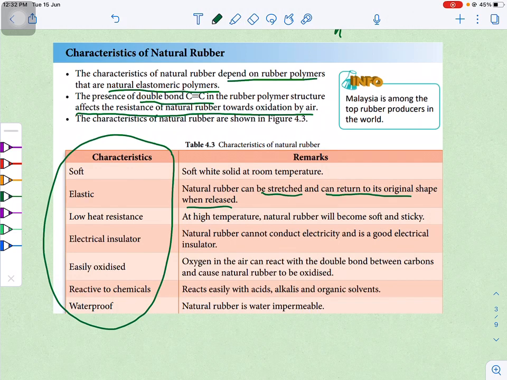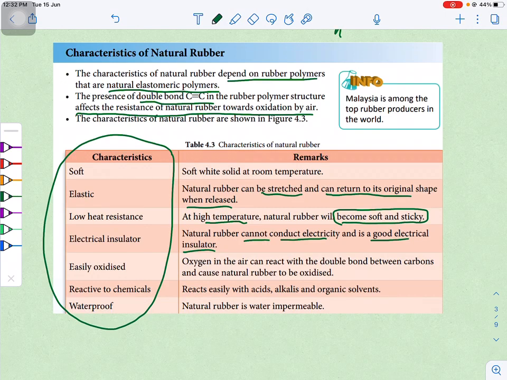Low heat resistant, the natural rubber at high temperature will become soft and sticky. Okay, dia akan jadi melekit. Electrical insulator is also characteristic of natural rubber. Cannot conduct electricity, so it is good as electrical insulator. Okay, so penebak haba yang sangat penebak elektrik yang sangat bagus. So kalau you nak menghalang electric from flow, you can put the rubber.